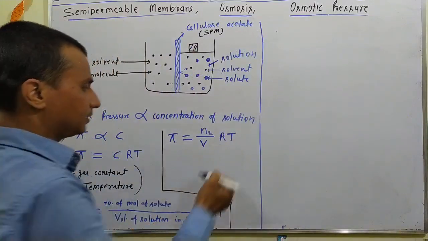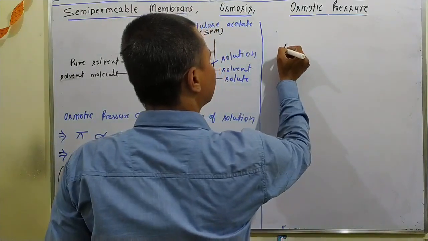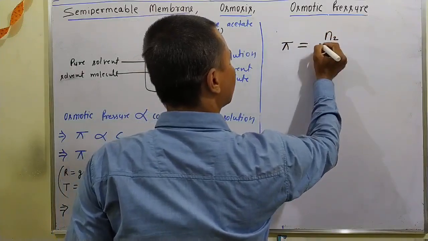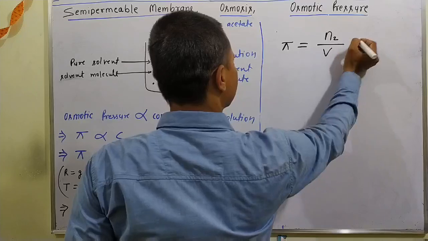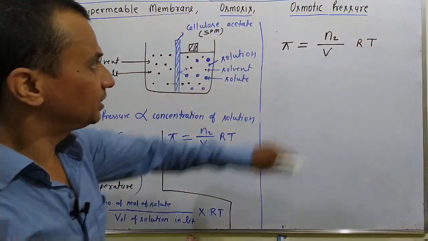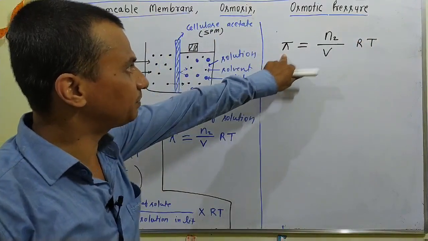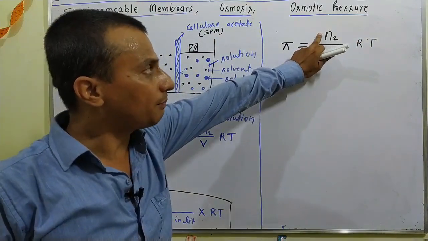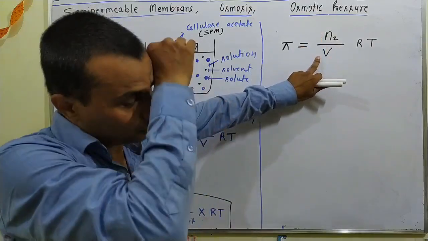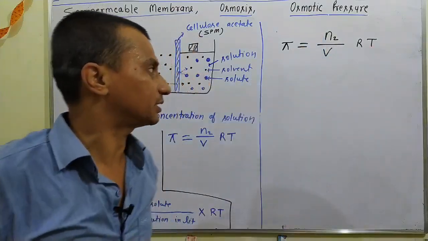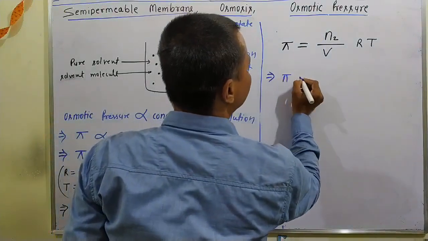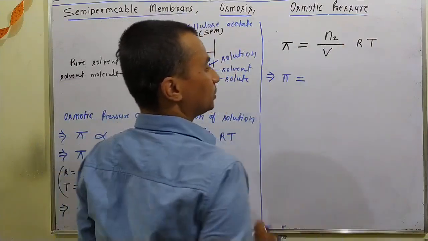We find that pi is equal to n2 by V RT. Pi is your osmotic pressure, n2 is the number of moles of solute, V is the volume of solution, R is the gas constant and T is the temperature. We can elaborate it: pi is equal to n2.